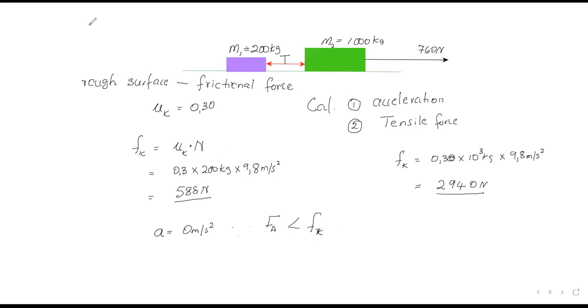For the first one, we will have body 1 and body 2. Now, we will have the normal and the weight there.